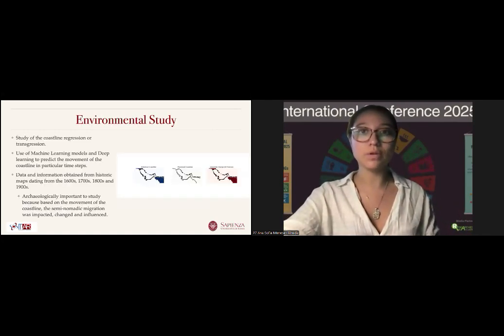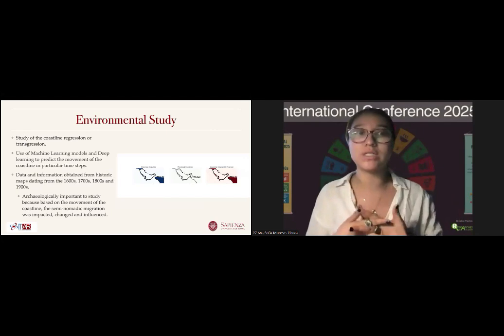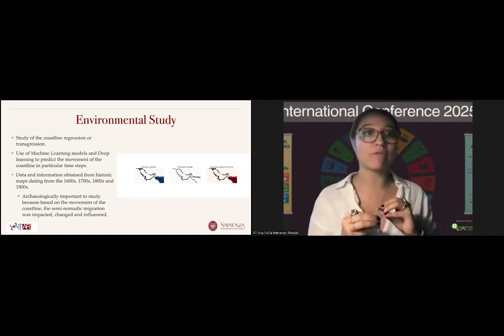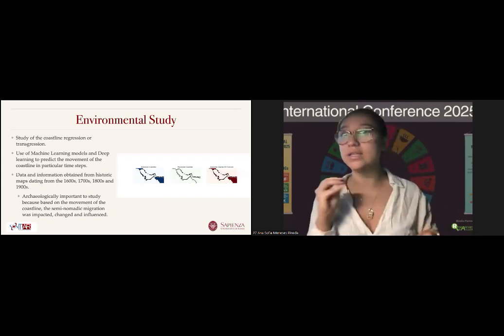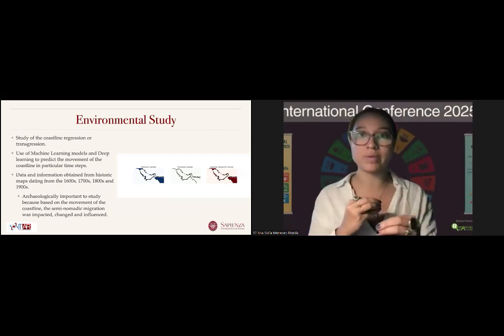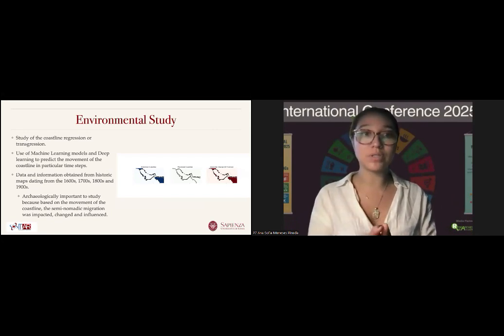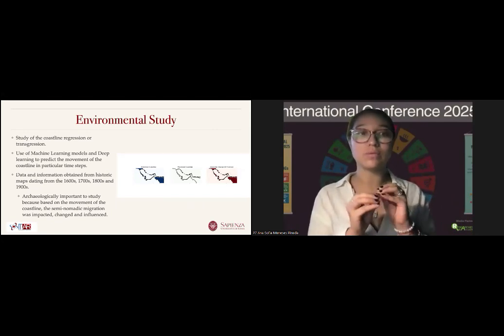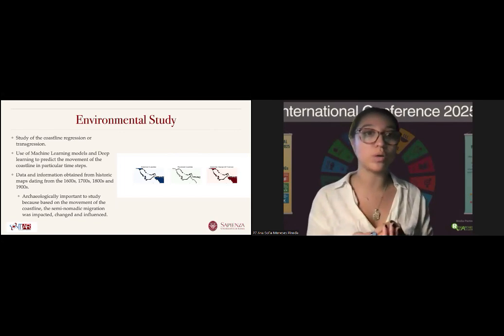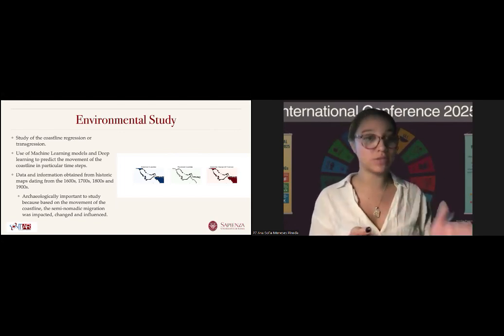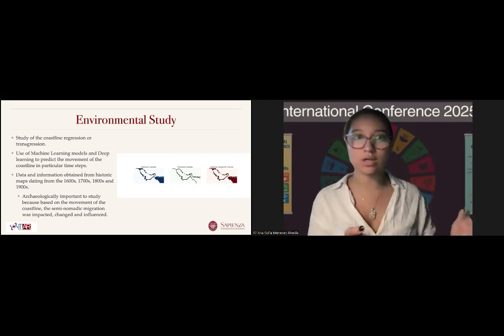Furthermore, we have the environmental studies, and here it's very important because this is a point where in my research we have the combination of machine learning, deep learning, and paleoenvironmental studies in order to study the regression or transgression of the coastline. To perform this study, we obtain historic maps dating from the 1600s, 1700s, 1800s, all the way to the 1900s.